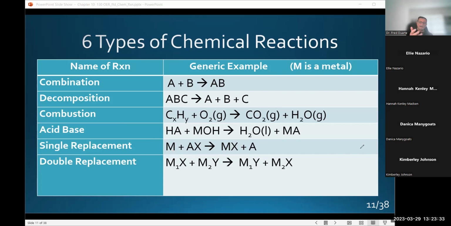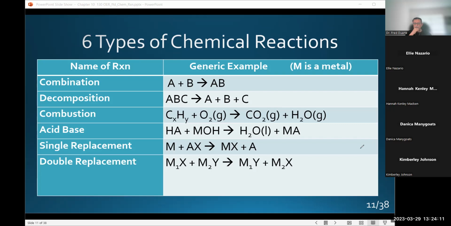So be able to recognize the type of reaction that you are working with using these general reactions here. Obviously, the combustion reaction is very specific. It's a hydrocarbon. And the acid-base, very specific: you have an acid and a base coming together. The other ones may not be as clear, but if you look at the combination reaction, you're always beginning with two elements, be it single elements or diatomic elements.